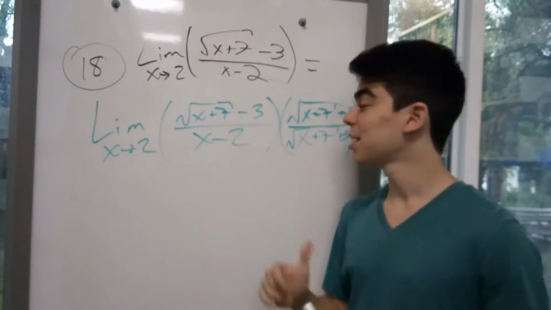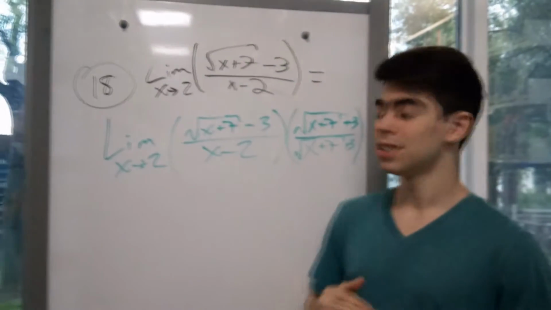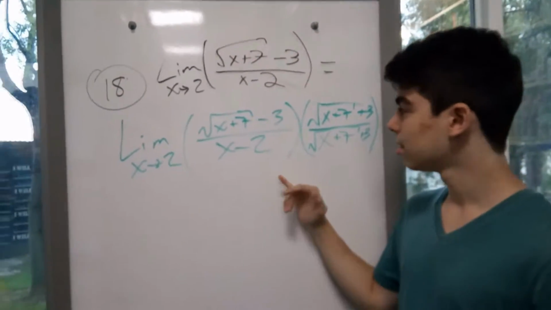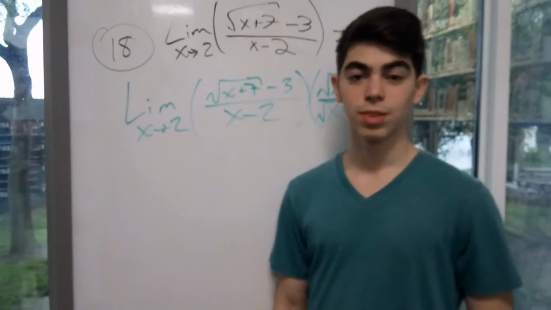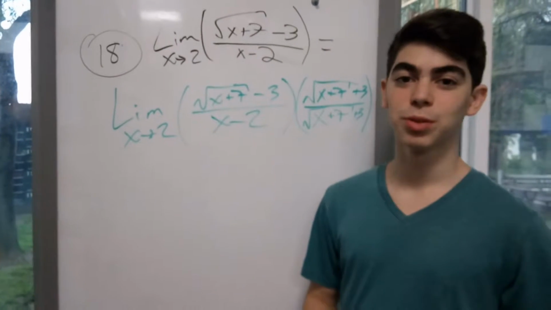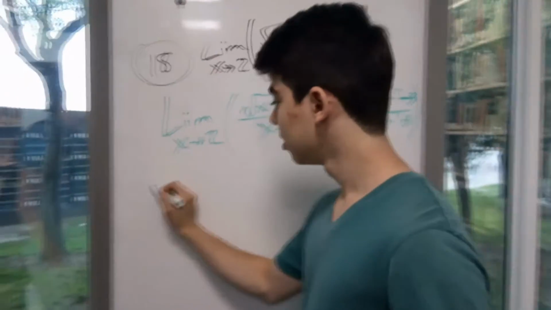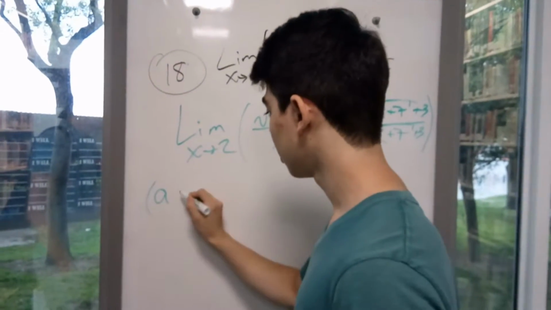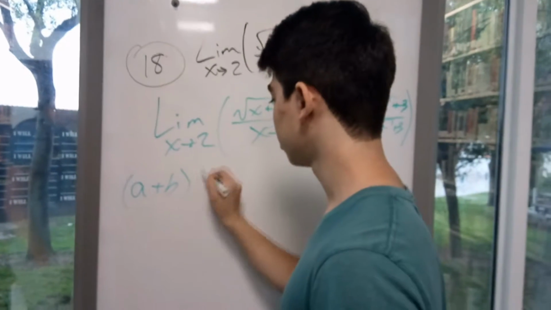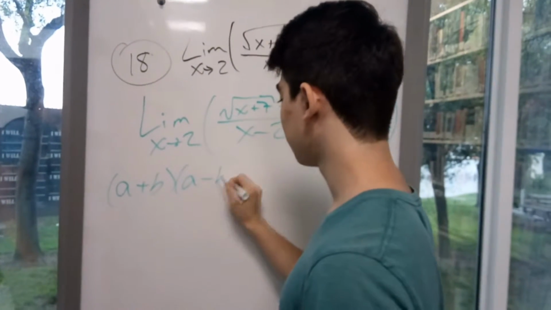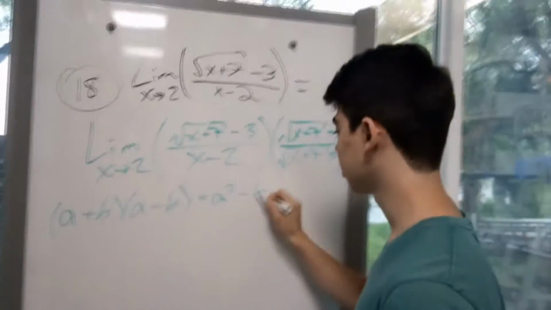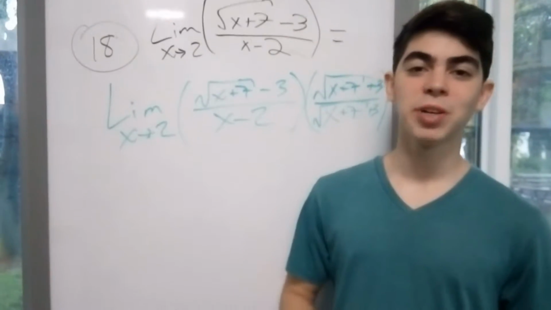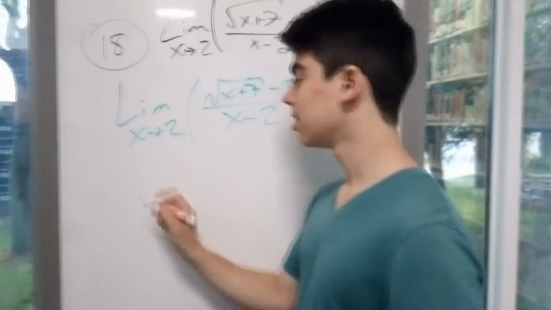Okay, this step we make mainly to cancel the square root. First, let's remember how to do a conjugate. It's a plus b multiplied by a minus b equals a squared minus b squared. Now let's remember how to multiply conjugates.